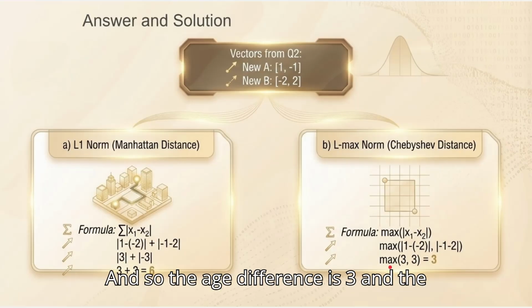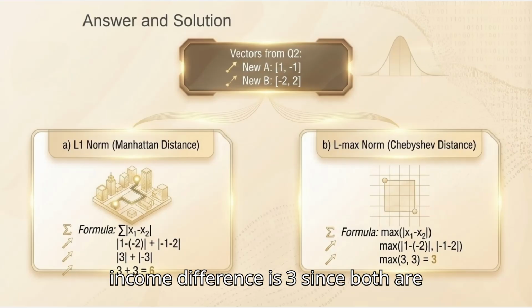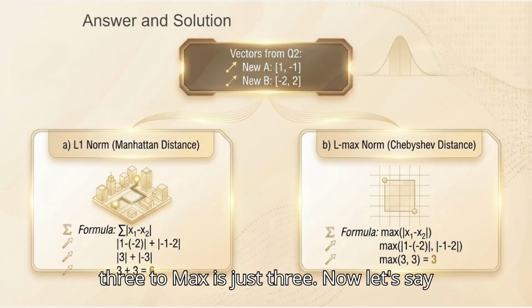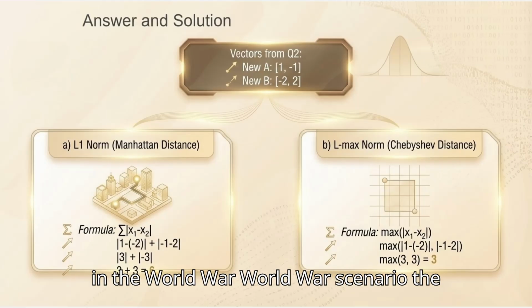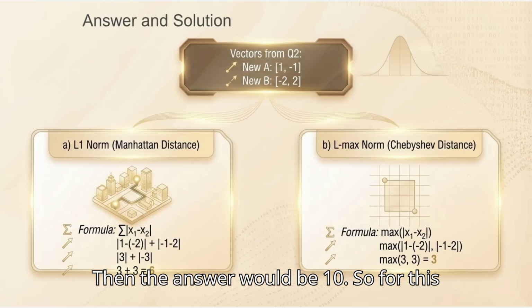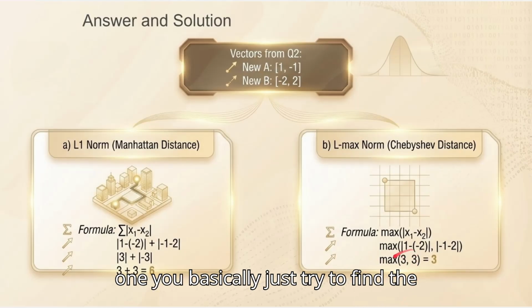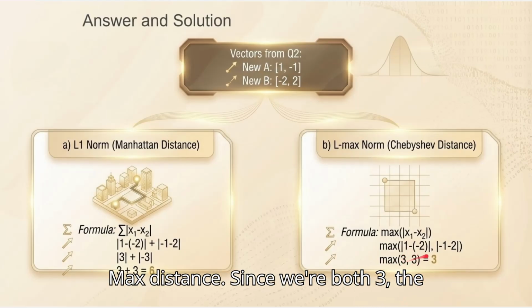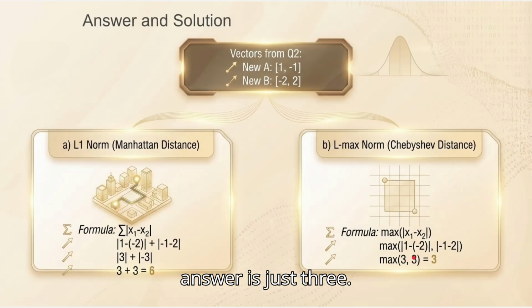The age difference is 3, the income difference is 3. Since both are 3, the max is just 3. Now, let's say in a different scenario the age gap was 10 and the income gap was 3, then the answer would be 10. For this one, you basically just try to find the max distance. Since they're both 3, the answer is 3.